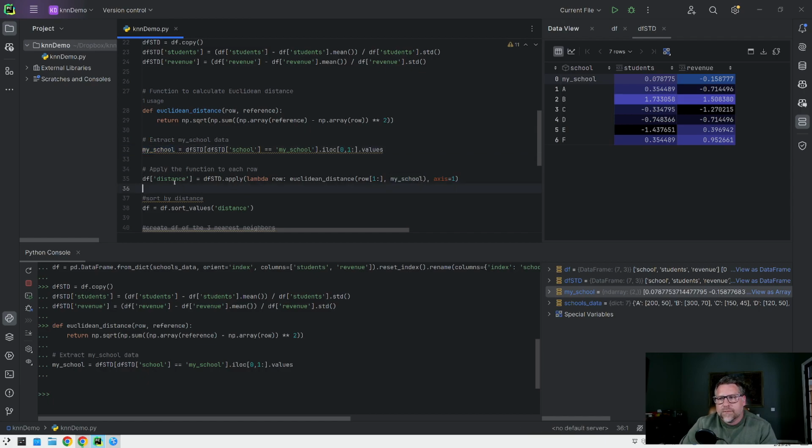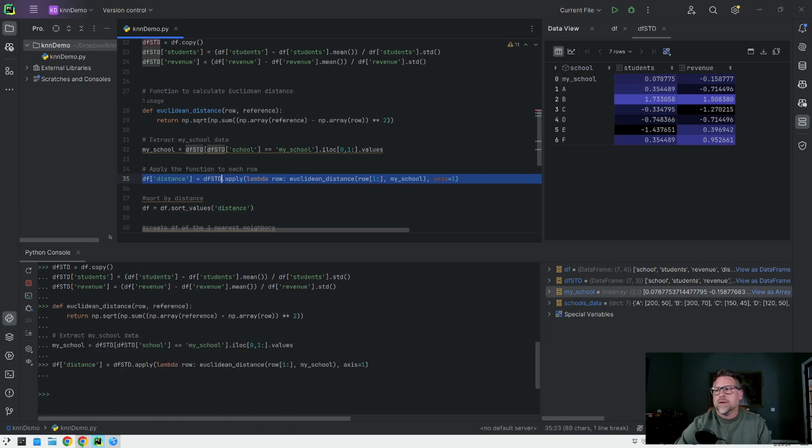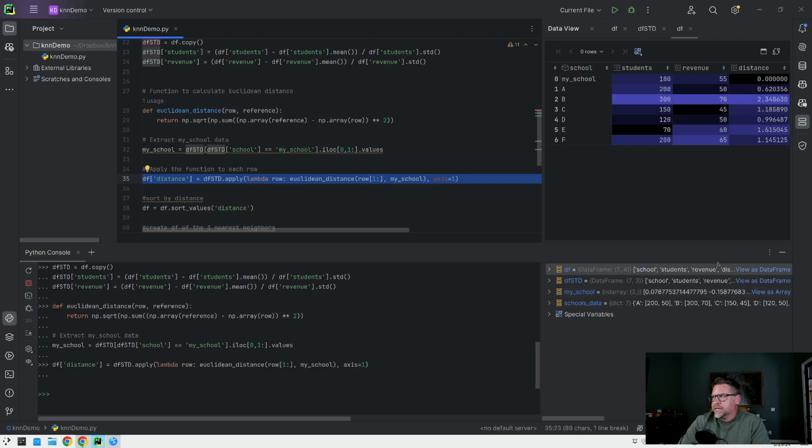So what we're going to do is apply that function to each row, including my own school row. If it works right, we should get a distance of 0 for my school as well. So I'm going to go ahead and run that function row by row. That's essentially what's happening with this line of code. It happens really fast, of course, because this is all optimized.